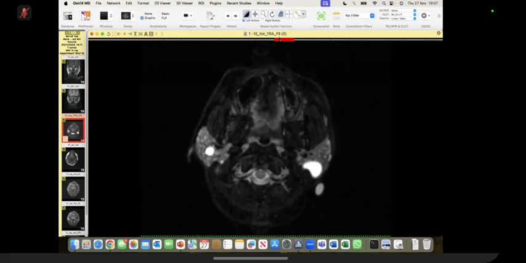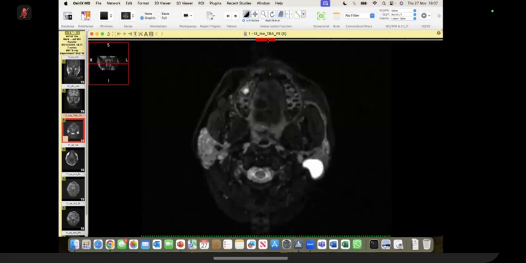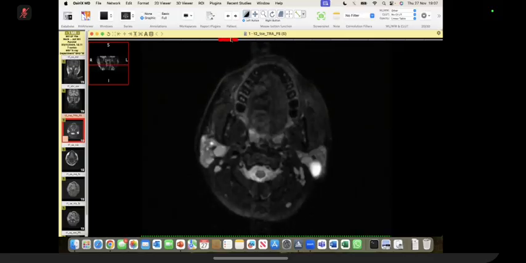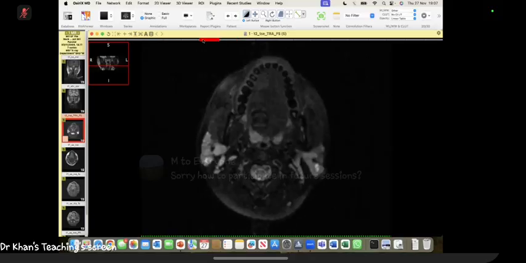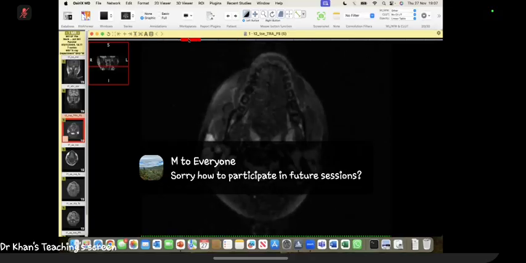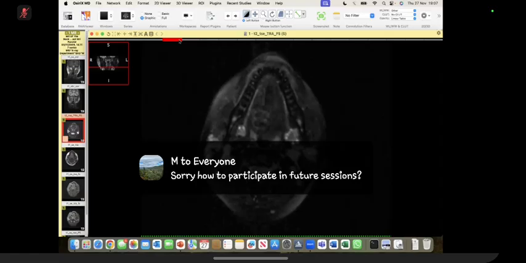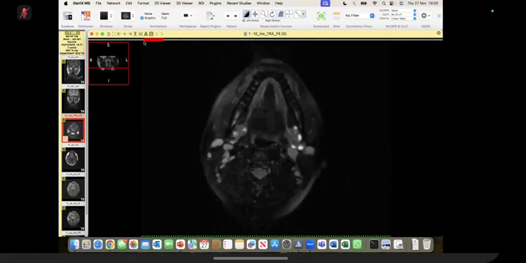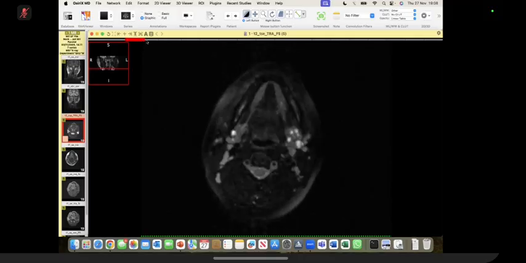So the flow voids are intact on both sides. Other than that, I'm looking for any lymphadenopathy. A few enlarged lymph nodes are seen at level 5 bilaterally. They are usually sub-centimeter.